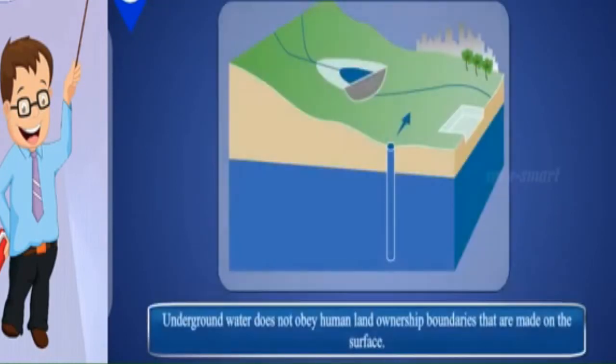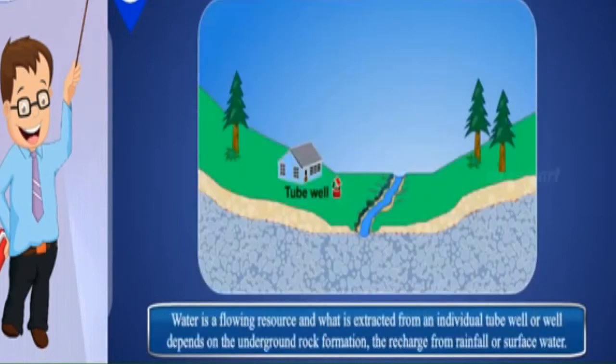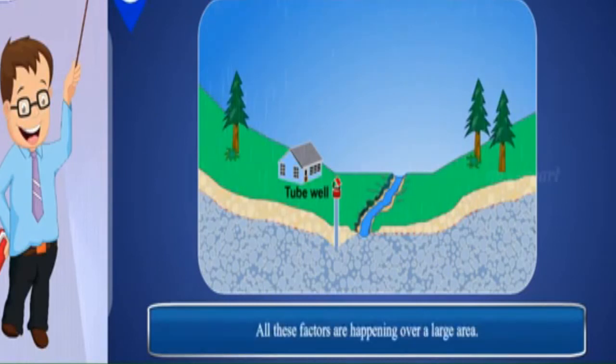Underground water does not obey human land ownership boundaries that are made on the surface. Water is a flowing resource, and what is extracted from an individual tube well or well depends on the groundwater rock formation, the recharge from rainfall or surface water. All these factors are happening over a large area.